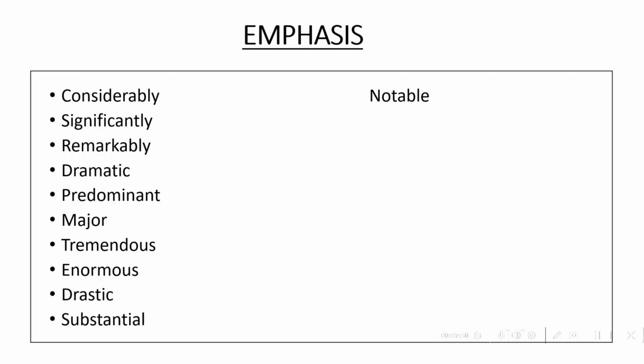So anything you want to show ki bahut ho gaya, that is going to be considerable, significant. Now significantly, remarkably will be according to the grammar, so you will have to change the grammar according to the sentence. So: considerable, significant, remarkable, dramatic, predominant, major, tremendous, enormous.